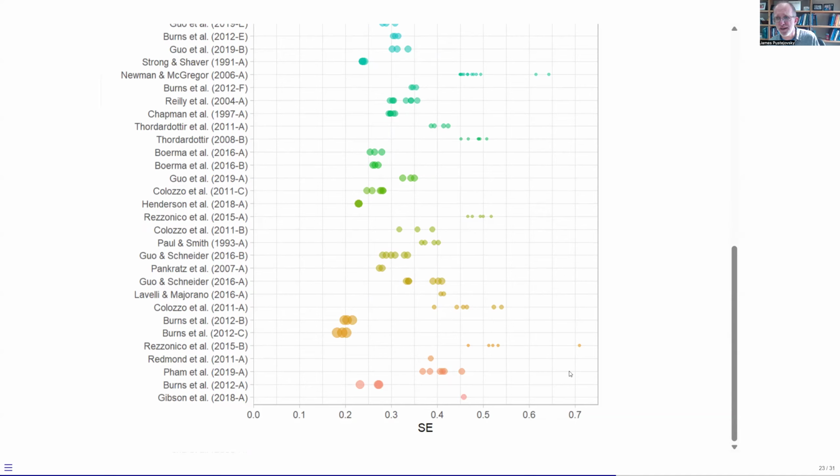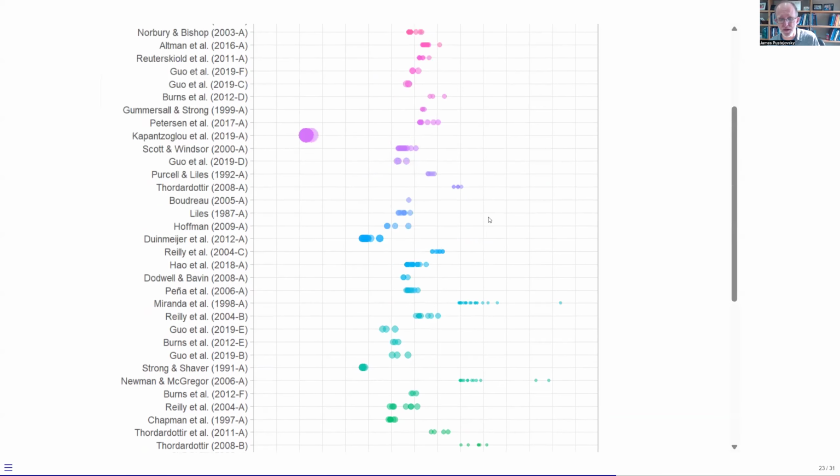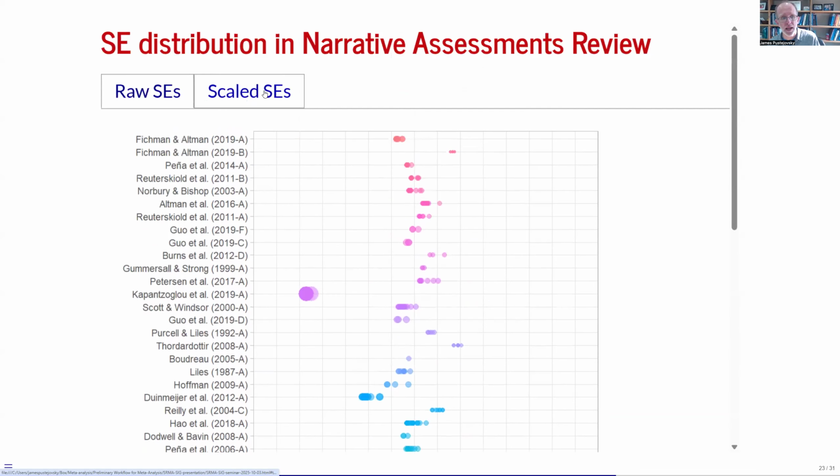And that happens in a couple of other studies as well. Standard errors above 0.5, to me, are a reason to be curious, because a standard error of 0.5 usually means a very small sample, like under a dozen. So it's good to follow up on those. Here's the same plot with the scaled standard errors.